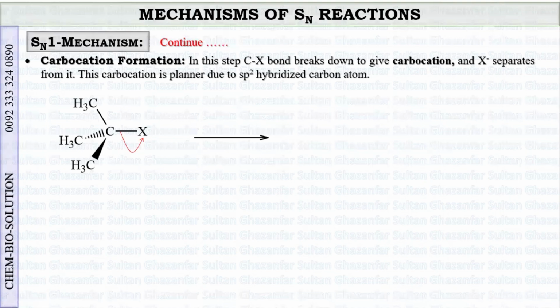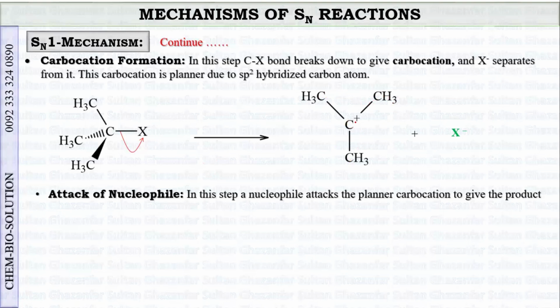As a result, the halogen gets the negative charge on it, and the carbon becomes deficient of electrons because of the loss of one electron from here. So this carbocation is formed. And this carbocation, in case of tertiary alkyl halide, is stabilized by these alkyl groups because alkyl groups have an electron donating effect.